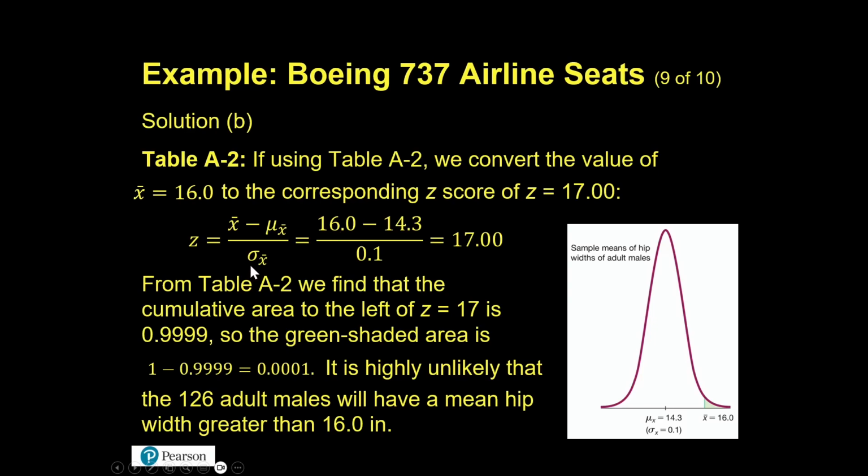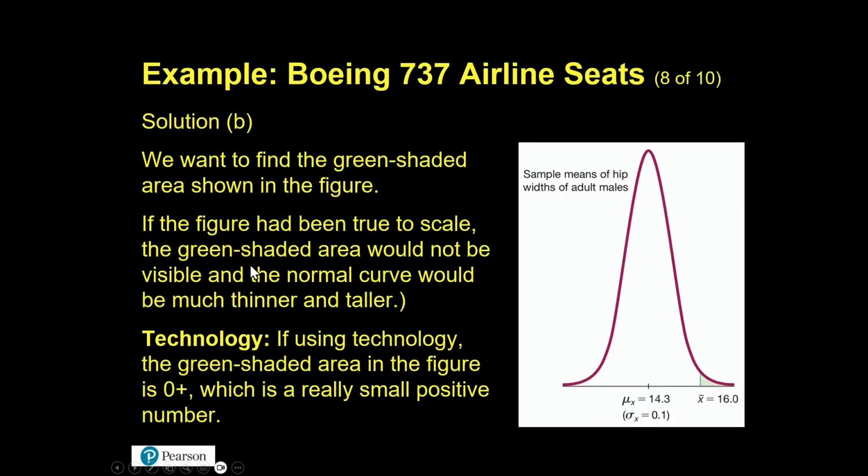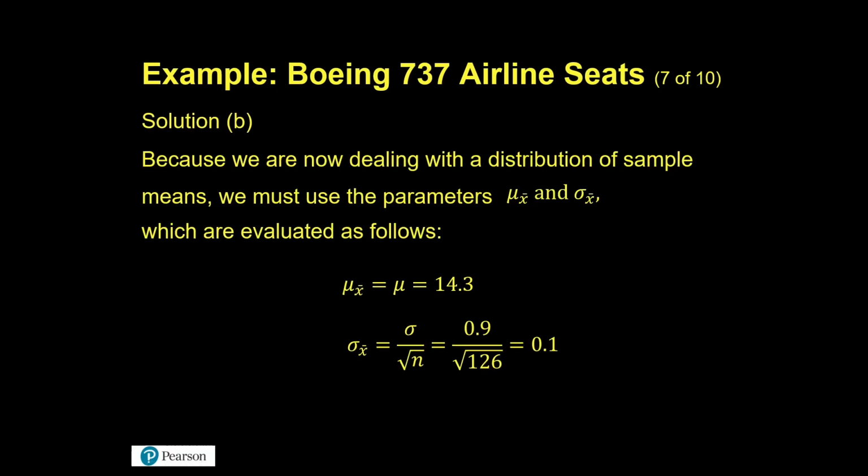So for their sigma sub x bar, they did 0.9 over the square root of 126.